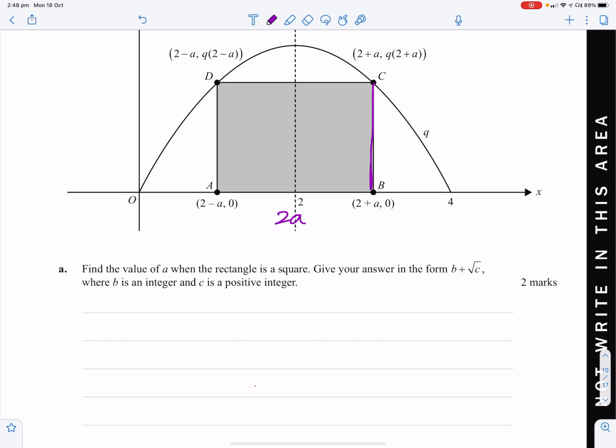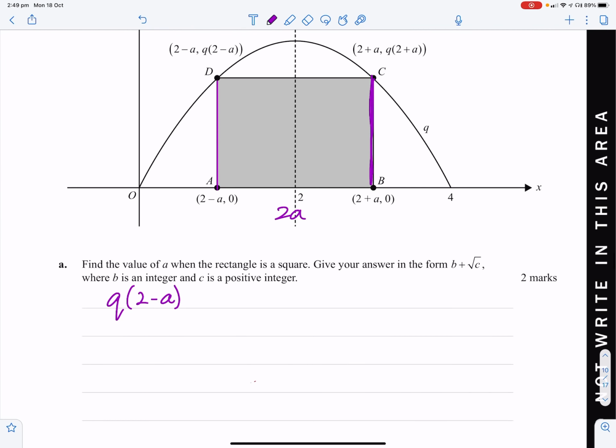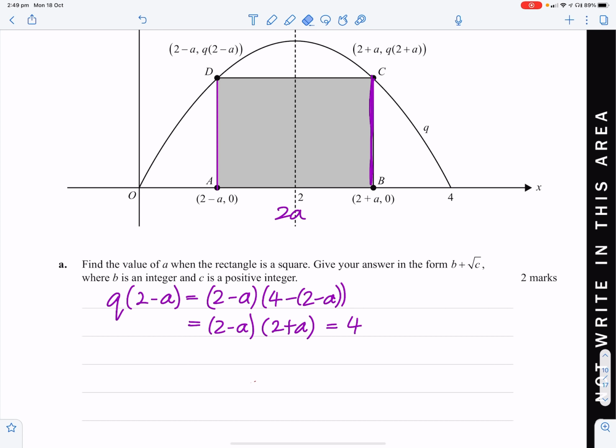And we know this side length is q of 2 plus A or q of 2 minus A. So let's first find q of 2 minus A. We get 2 minus A, 4 minus 2 minus A, which is 2 minus A, 2 plus A, which is 4 minus A squared.